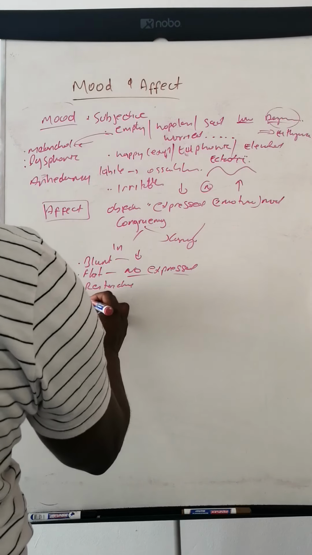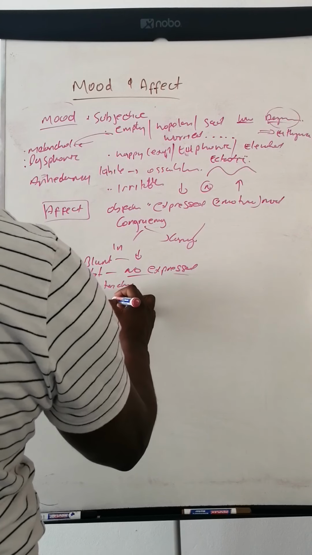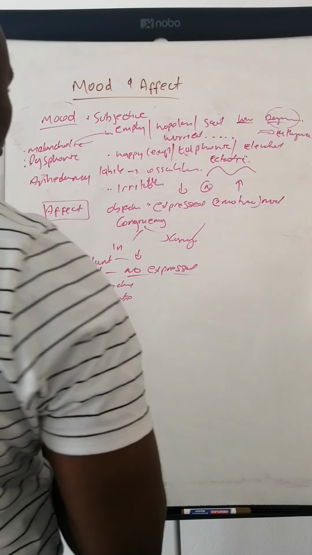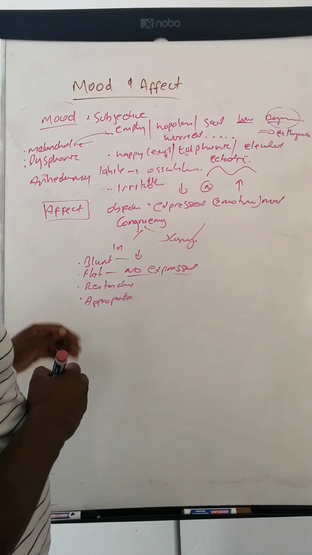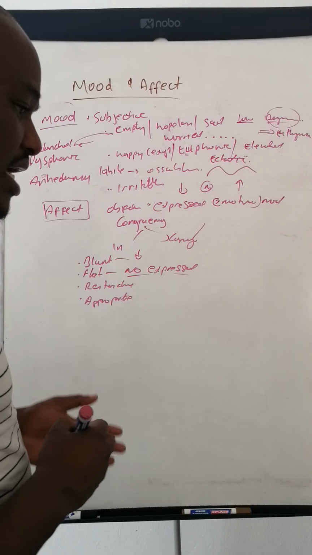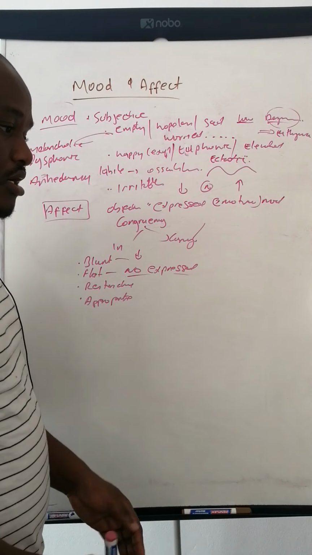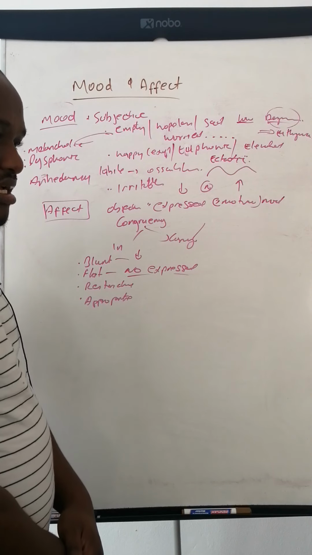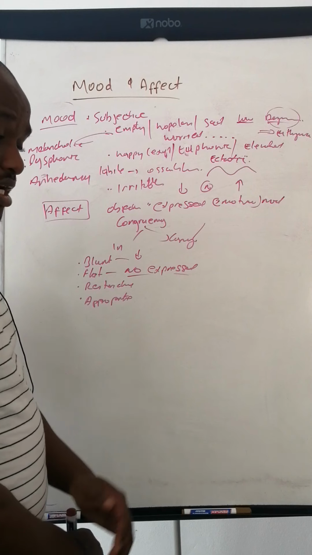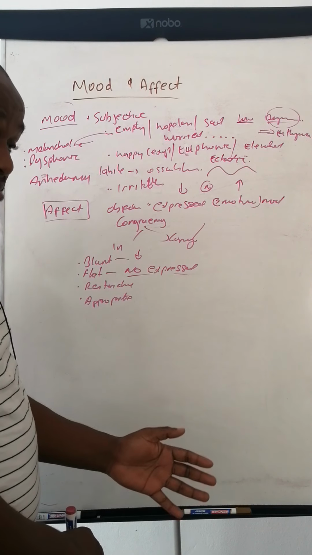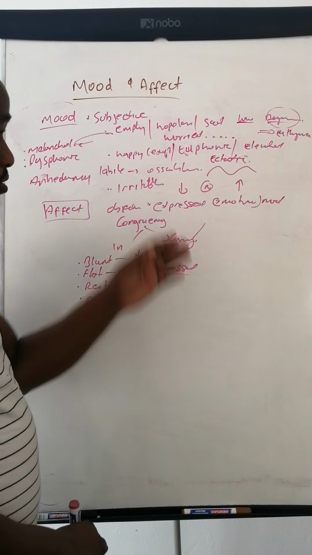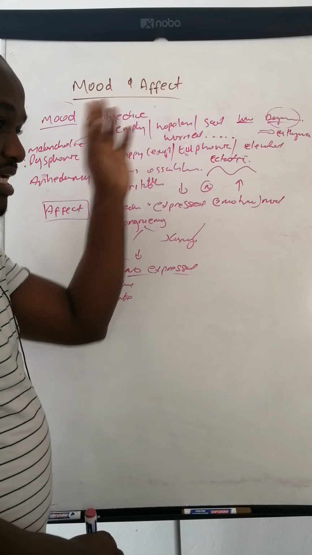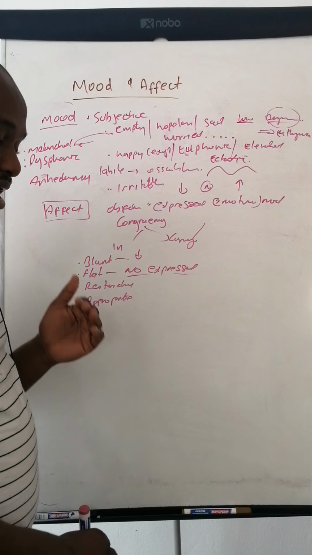Or you can have an appropriate affect. So if you say to me, you are hopeless, you are feeling sad, you are feeling worried, and then I look at you, and I see someone who's just sitting there, who's got psychomotor retardation. Psychomotor retardation with hopelessness, feeling sad, those are congruent.